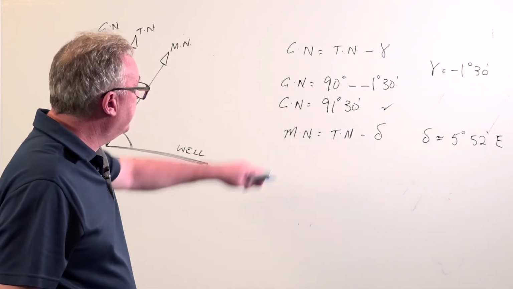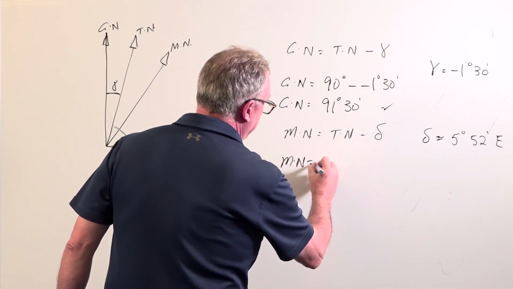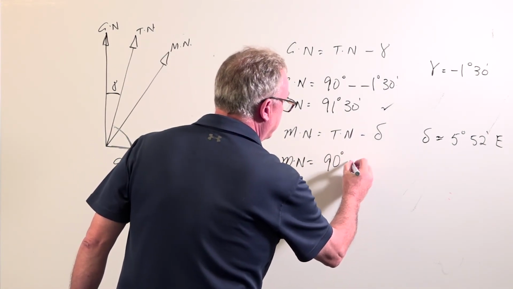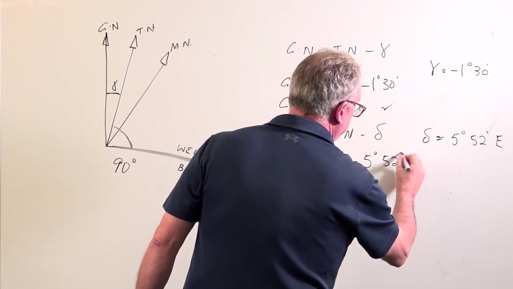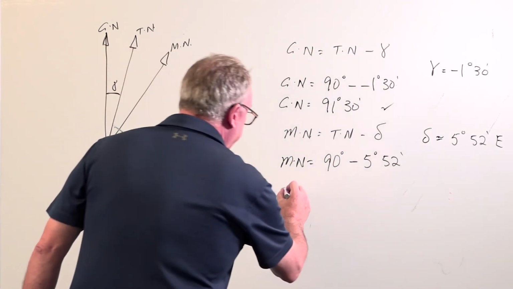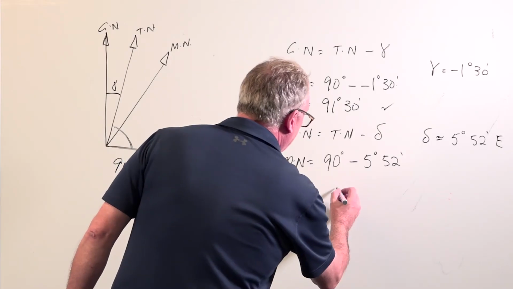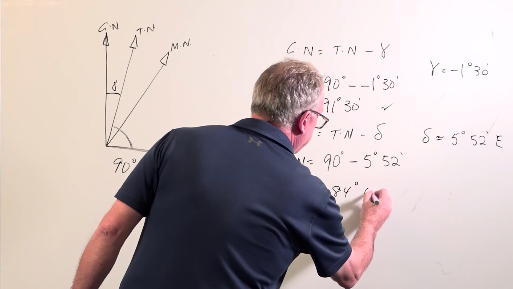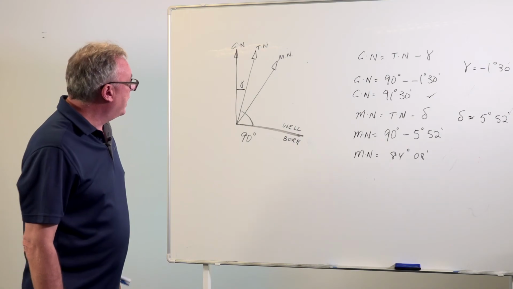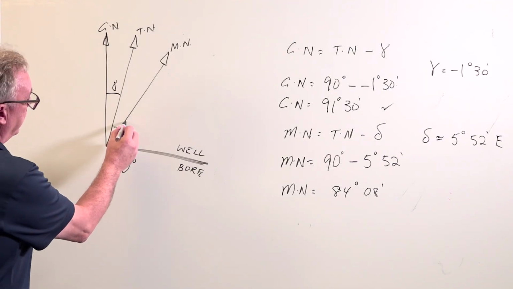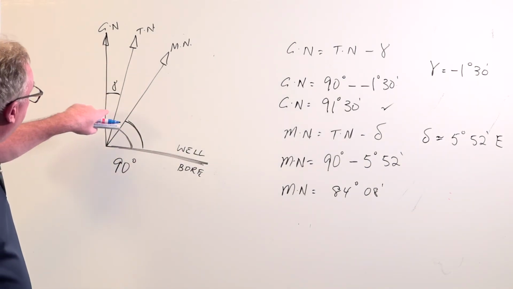And again, substituting the numbers into this expression, we're going to find out that magnetic north will equal 90 degrees minus a positive figure of 5 degrees and 52 minutes, which means that my wellbore is going to have an azimuth with respect to magnetic north of 84 degrees and 8 minutes, just by subtracting those two figures. Okay, and that bears out again with the diagram here that magnetic north is going to lie to the east of true north for the area that I'm describing.